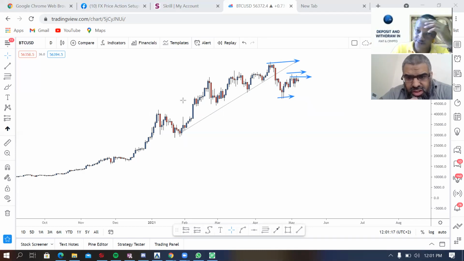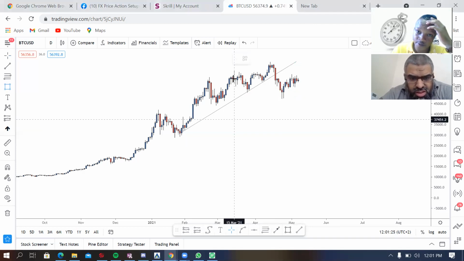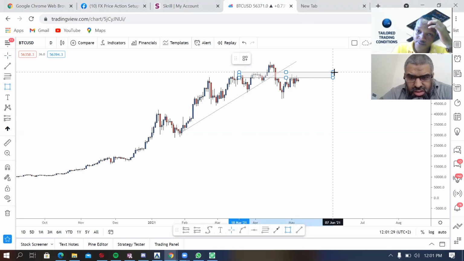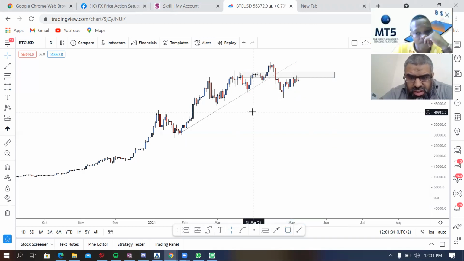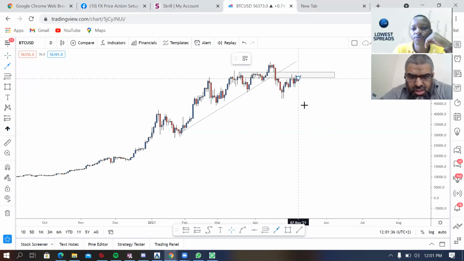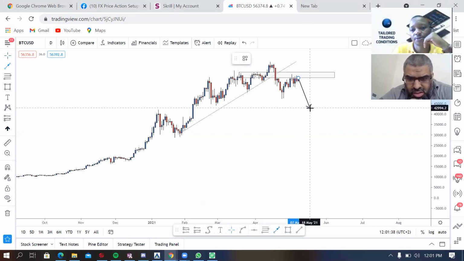We also got an order block somewhere there. So for me, it's still gonna push price down to that level there.